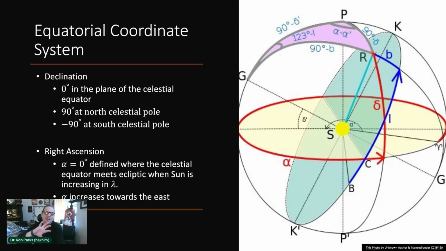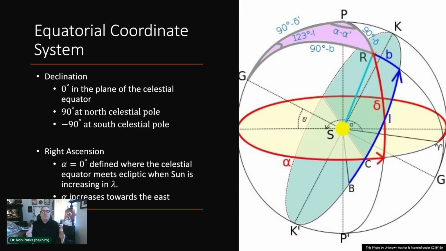So the ecliptic, because of the fact that the Earth's tilt is 23.5 degrees, the ecliptic plane or the zodiacal plane of the sun as defined by the orbit of the Earth going around the sun, is tilted 23.5 degrees with respect to the celestial equator.